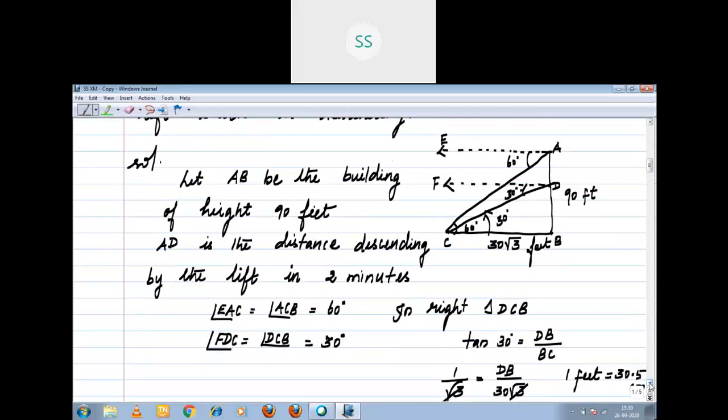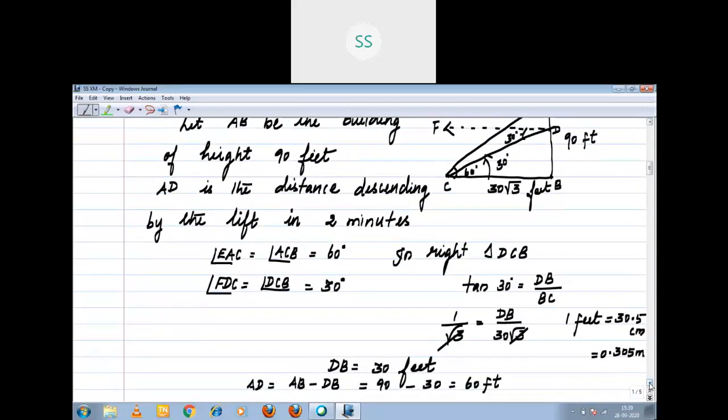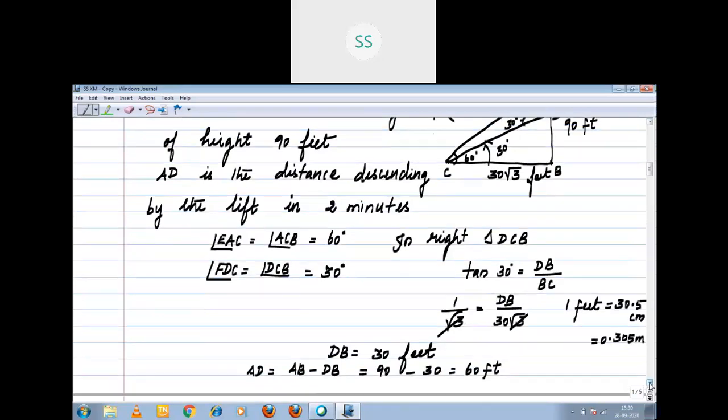In the question it is given as the fountain is 30 root 3 feet from the entrance of the lift. So entrance of the lift is B, right? From B to C, 30 root 3 feet. So DB equal to 30 feet. AD equal to AB minus DB, which is equal to 60 feet.